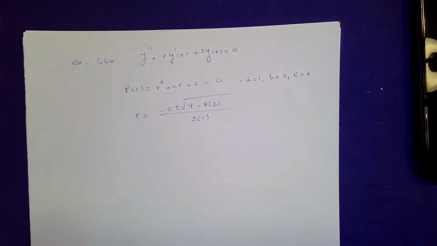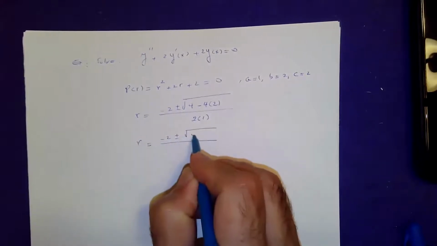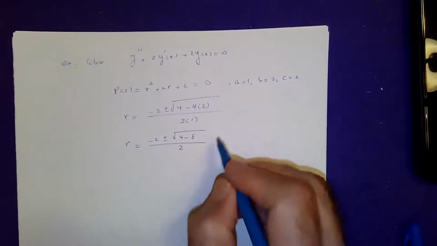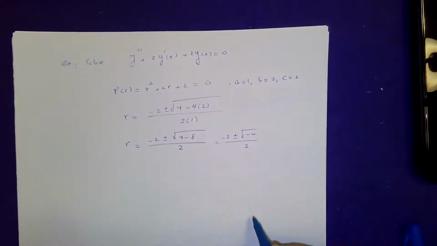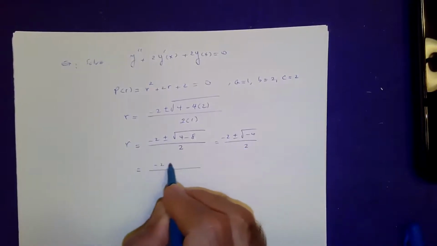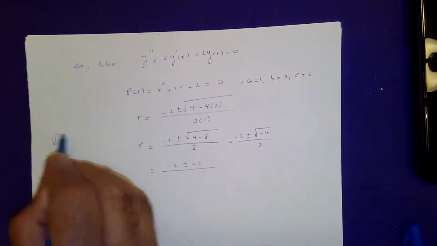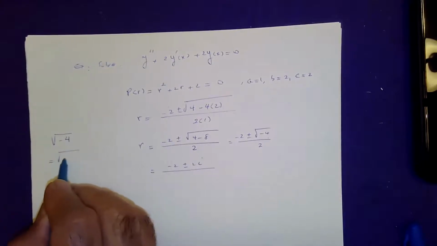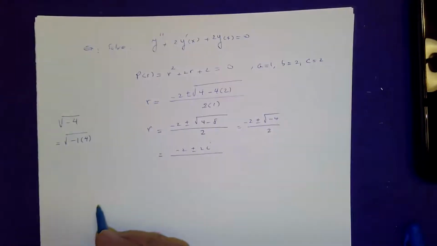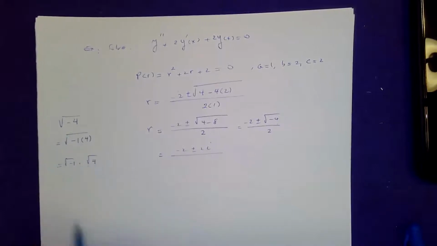Do you see it? So now, what? We get r is equal to minus 2 plus or minus the square root of 4 minus 8, over 2, which is minus 2 plus or minus the square root of negative 4, over 2, which is negative 2 plus or minus 2i. You know why i, don't you? Because this is the square root of negative 4. I can write that as the square root of negative 1 times 4, split the radical, and write it as the square root of negative 1 times the square root of 4.